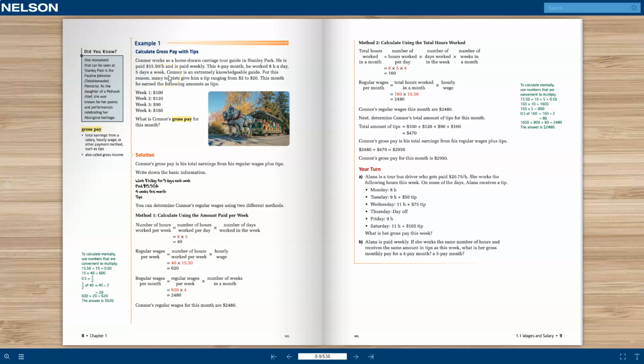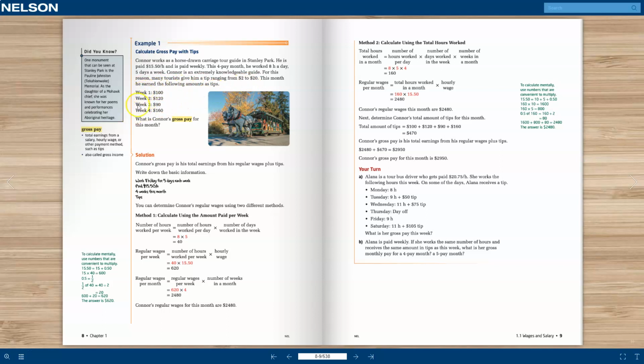So that's what most people would work. And then we'll talk about overtime. Usually if you work more than 8 hours, you'll get paid a little bit extra. But anyways, he works 8 hours a day, 5 days a week. Connor is an extremely knowledgeable guide. For this reason, many tourists give him a tip ranging from $2 to $20. This month, he earned the following amount in tips.